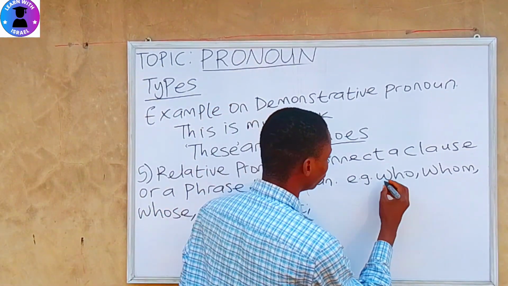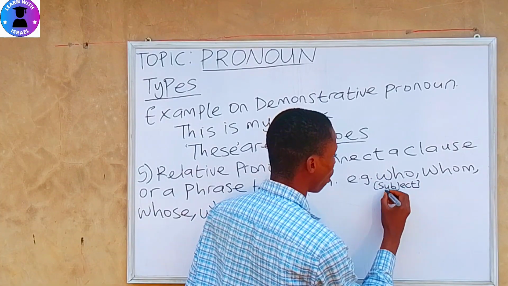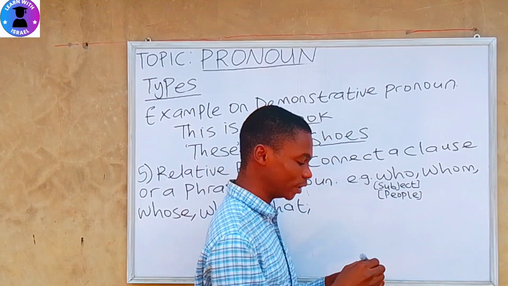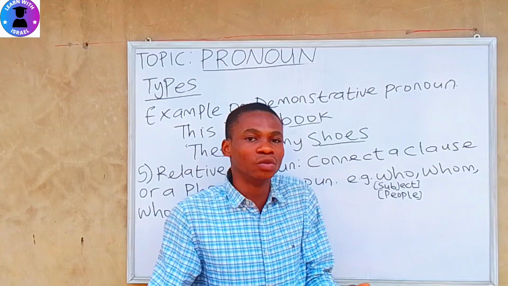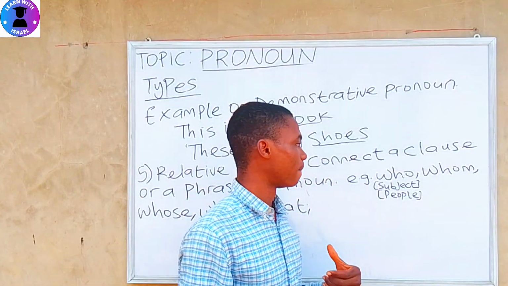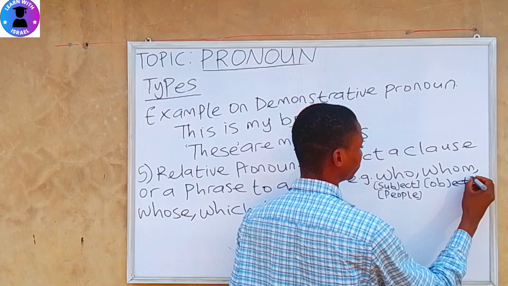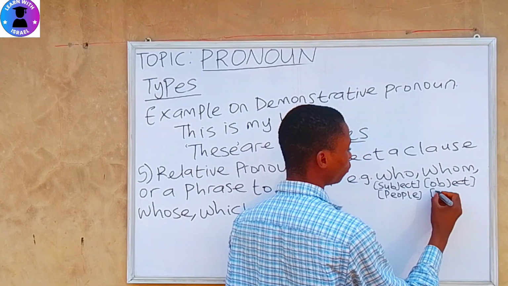Who belongs to subject, and it is used for people. You can say, who is this guy? Who are you? It's referring to people. And whom is used for object, and it is also referring to people.